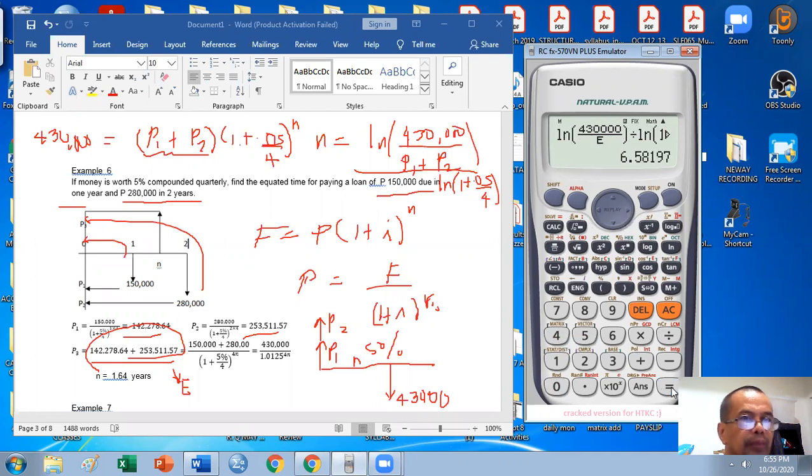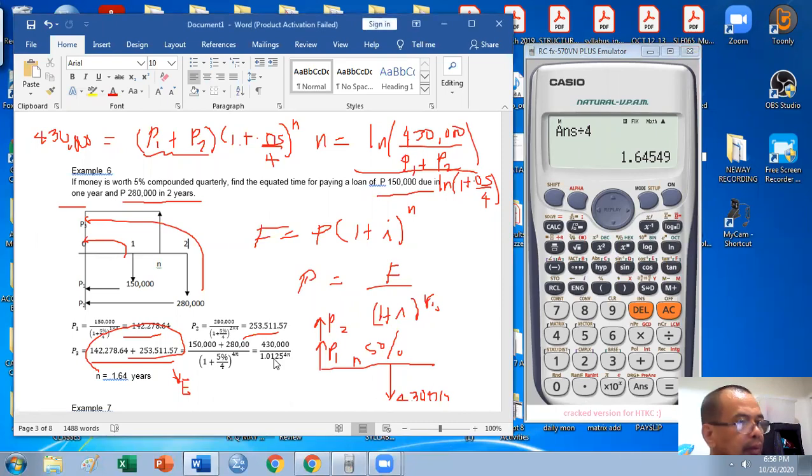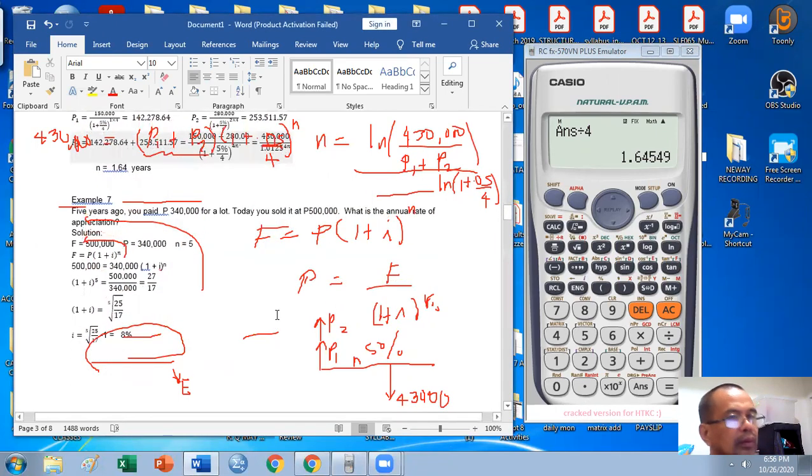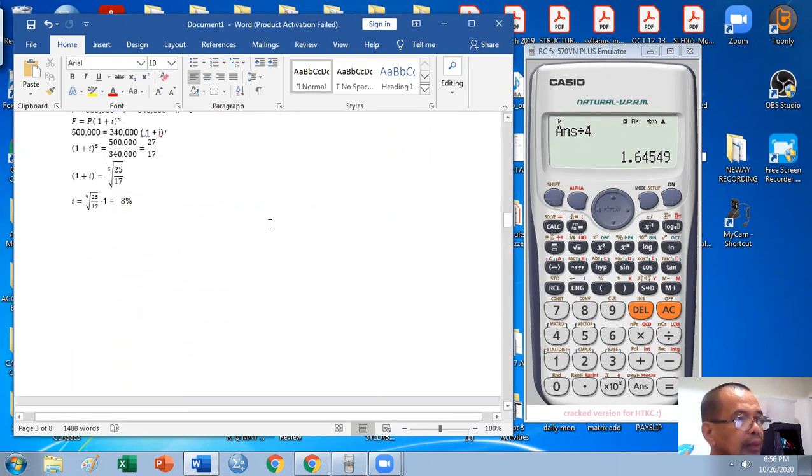That will be the number of quarters, no? And then divided by 4 makes it the number of years. This is all. So, ito naman, pwedeng aralin nyo na lang. Aralin nyo na lang yan. Okay?